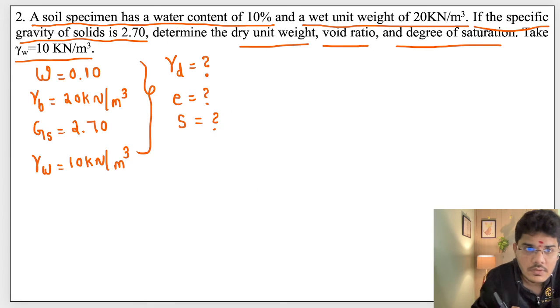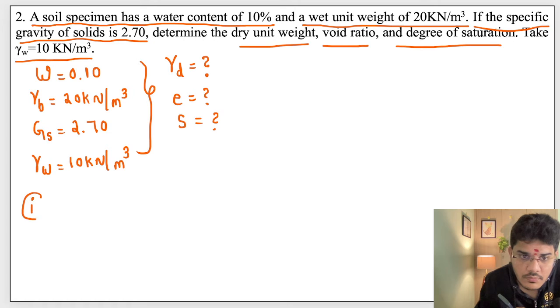Now we'll solve this question. First, he asked us to find gamma D. We know gamma B, the bulk unit weight, and we know the water content, so gamma D can be calculated.